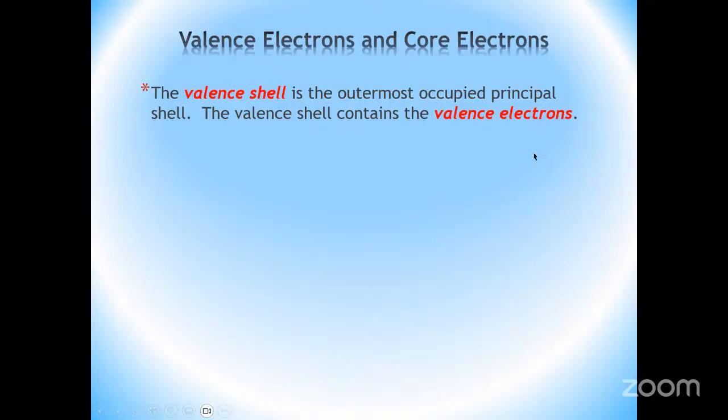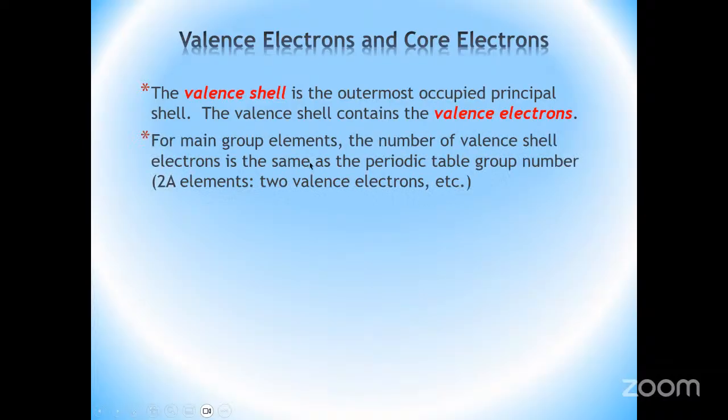So the electrons that are occupying the valence shells are called valence electrons, all right? Now for the main group elements, the number of valence electrons would be the same thing as the group number, right? So in group 1A, the number of valence shell electrons in those atoms would be 1. In group 2A would be 2, and so on, all right?